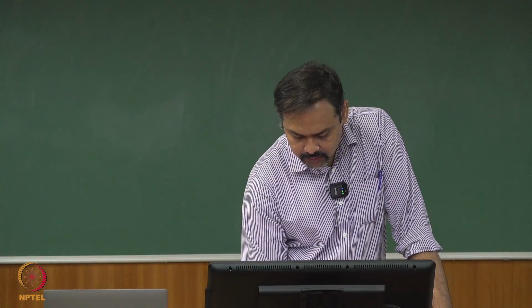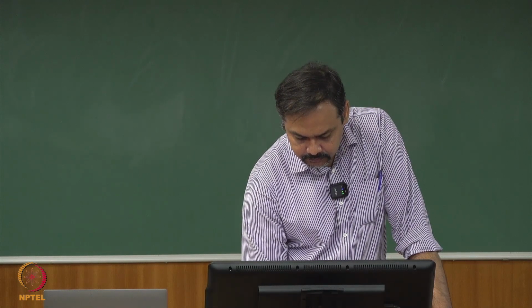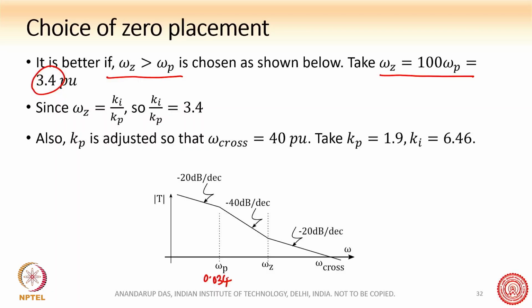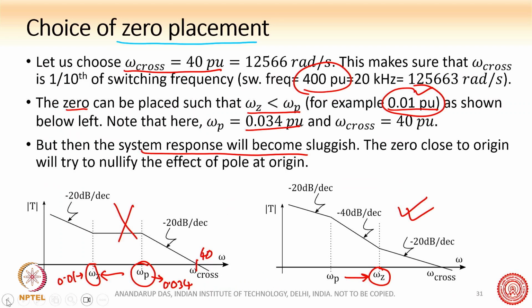So this was 0.034 per unit. I choose omega p equal to 3.4 per unit, and omega cross is 40 per unit.